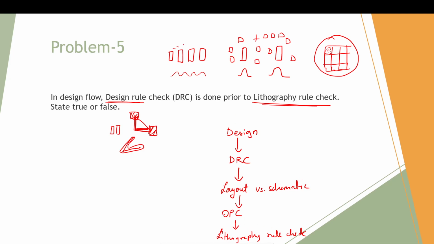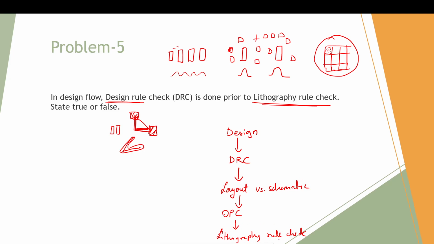Based on the layout that we have made, with all the dummy boxes also, they feed this layout into the model and see what mask output we get. So in software they will check, before actually going ahead and fabricating the mask, what we are getting and whether it is what we require. That part is done in lithography rule check.